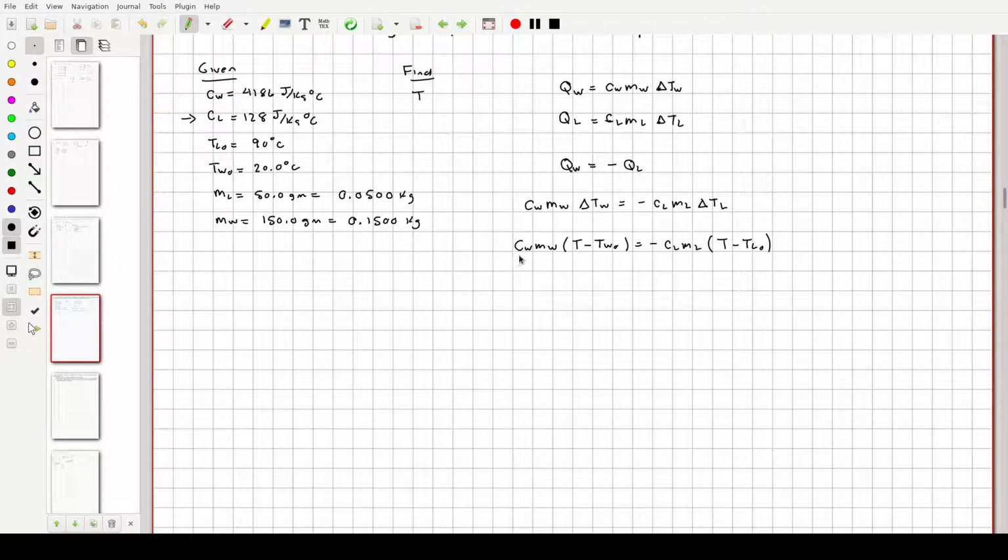I'm going to divide both sides by C_W M_W. When I do that, on the left-hand side, I have T minus T_W naught. On the right-hand side, I have a minus sign, and then I have C_L M_L over C_W M_W times T minus T_L naught. Now, I'm going to call this group of stuff right here eta.